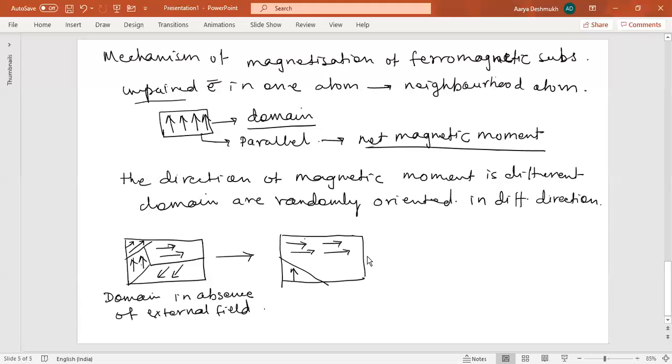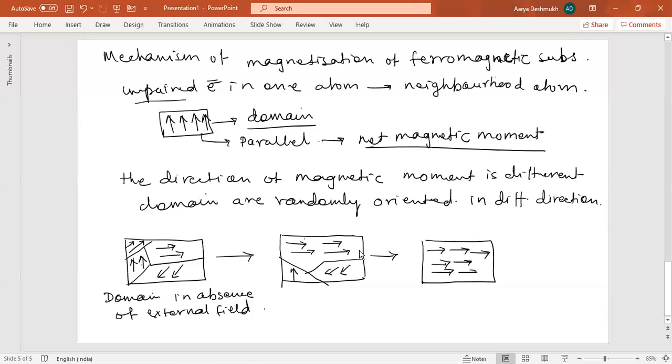And they will align themselves in the same direction. Here still it is not aligned. The whole of the domain is not aligned in the same direction. But if we keep it for some more time, they will align themselves in the same direction.